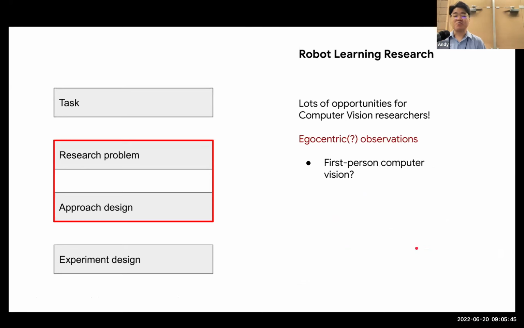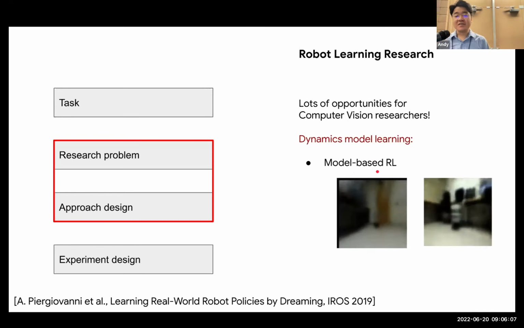Another aspect is that once we have robot images, many of these robot images are egocentric or robocentric. So first-person computer vision or egocentric computer vision research in our area can also particularly benefit robot action policy learning by doing better state representation. Another example will be about learning dynamics model.